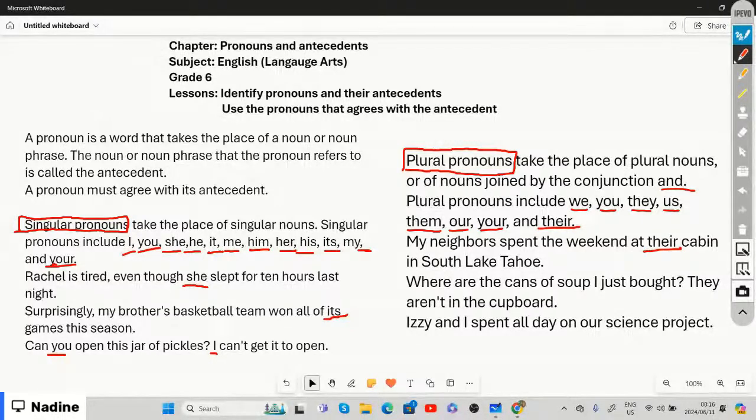And then we have another one that says, where are the cans of soup I just bought? So I is a singular pronoun. They aren't in the cupboard, and they refers to the cans of soup.